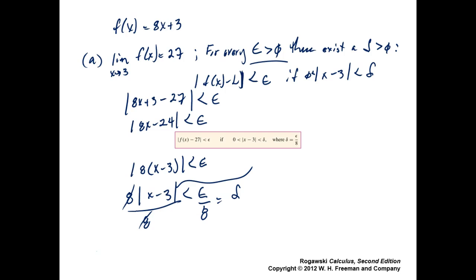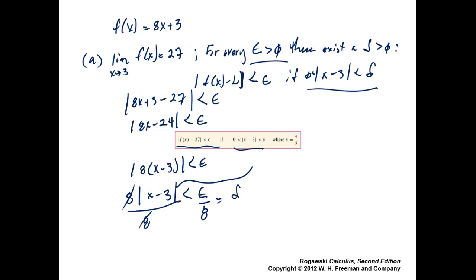Okay. Now, if you see, they started the same way we did. For every epsilon greater than 0, this has to be true if and only if this is true. That's where we started, and then they showed that's true for delta equal epsilon over 8.